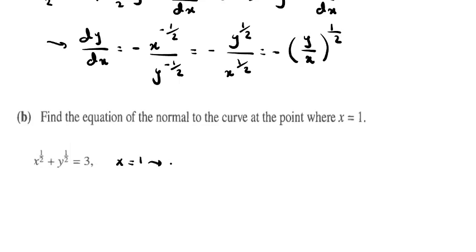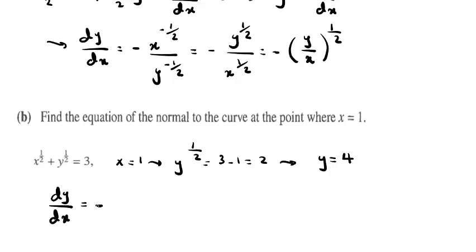X equals 1, then y to the power of 1 over 2 equals 3 minus 1 equals 2. So if we raise both sides to the power of 2, y equals 4. Now if we want to find dy by dx, it equals negative 4 over 1 half, which will be negative 2.